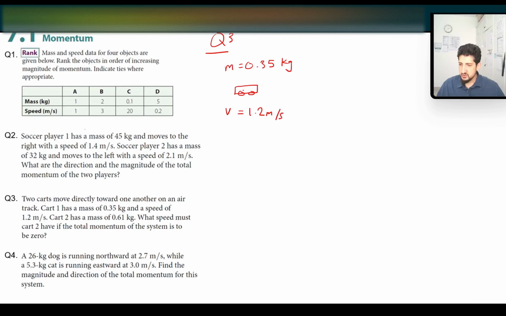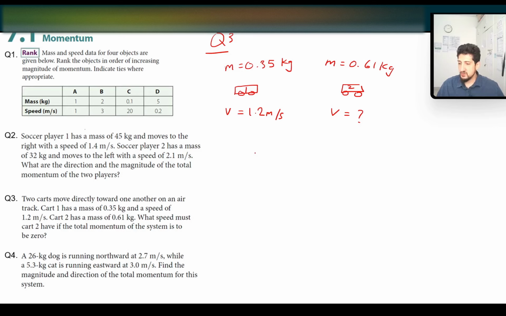And we've got cart 2, which has a mass of 0.61 kg. What speed must cart 2 have? We don't know, so that's what we're trying to find.